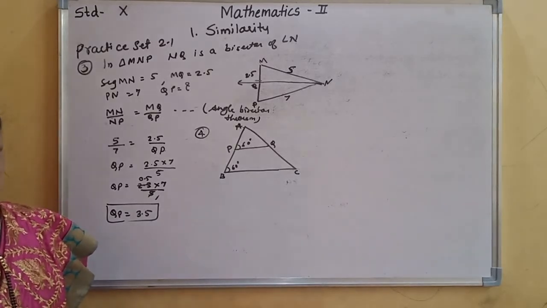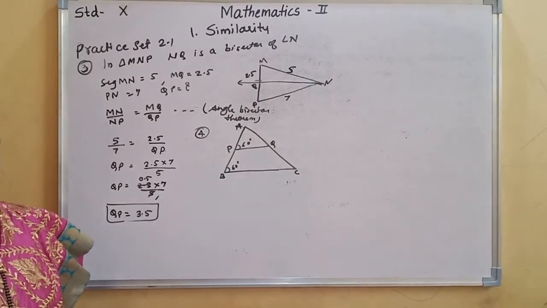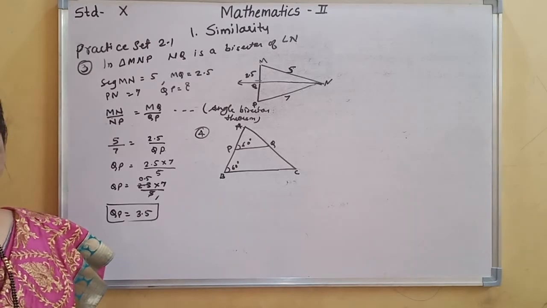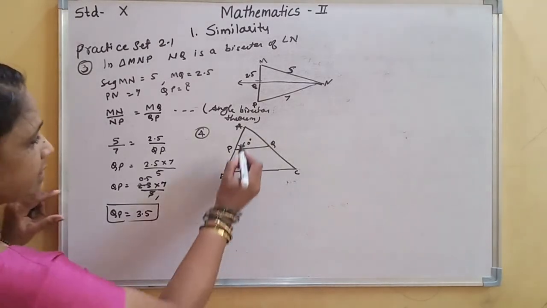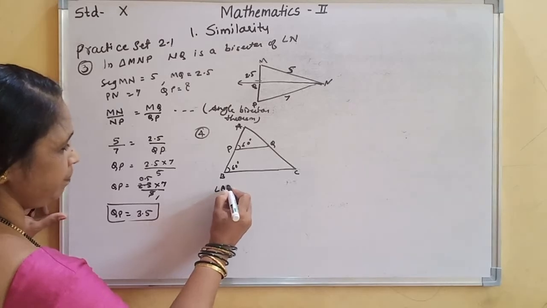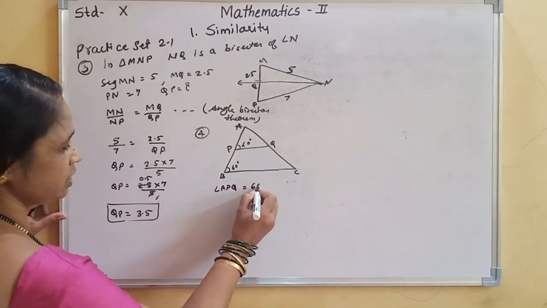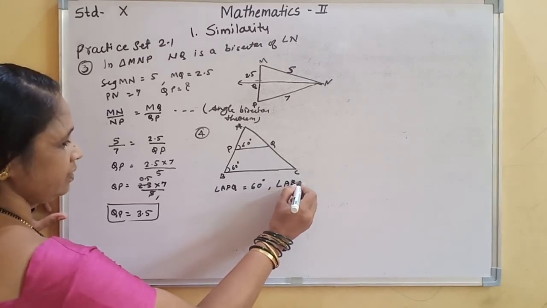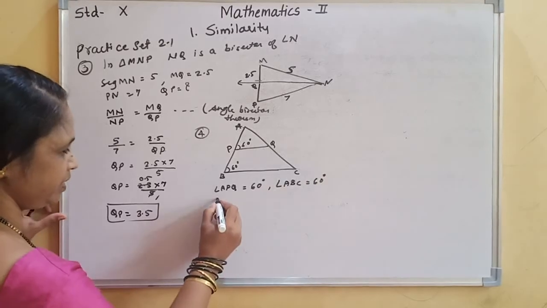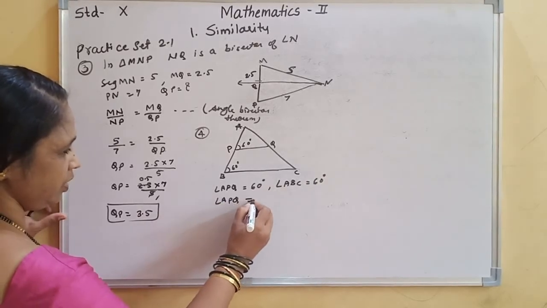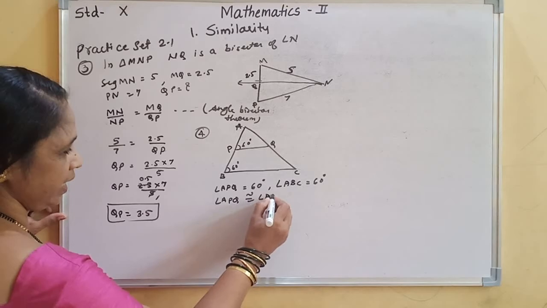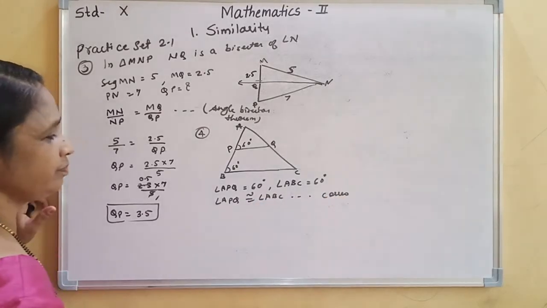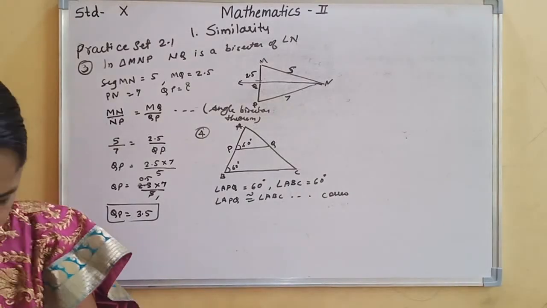Prove that AP upon BP is equal to AQ upon QC. Now angle APQ is equal to 60 degrees and angle ABC is equal to 60 degrees. Means angle APQ is congruent to angle ABC. Why? They are corresponding angles.